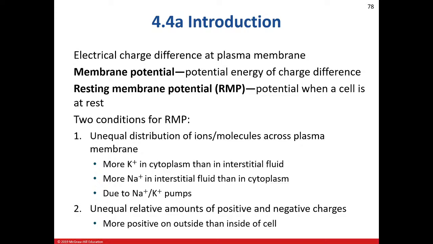In other words, more potassium in the cytoplasm, more sodium in the interstitial fluid, and this is due to the constant action of the sodium-potassium pumps. Also, the unequal relative amounts of positive and negative charges. So there are more positive charges on the outside of a cell, and there are a lot of negative charges in proteins on the inside of a cell.